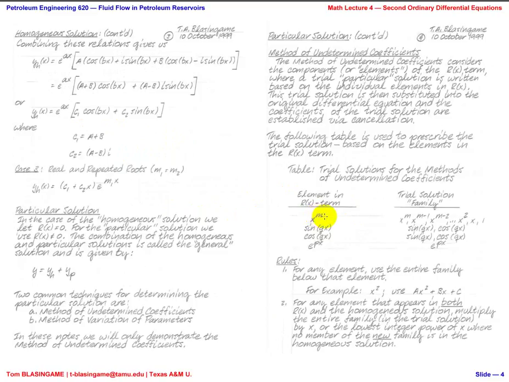Here m is equal to 1, 2x, 1. So you assume that the particular solution is given by this expression. If you assume such a thing, you can verify that this is a solution if you substitute this equation and its derivatives in the ordinary differential equation, and both sides must be equal all the time. If you fulfill such a requirement, well, it is a solution indeed.